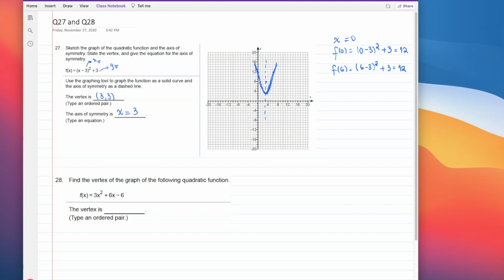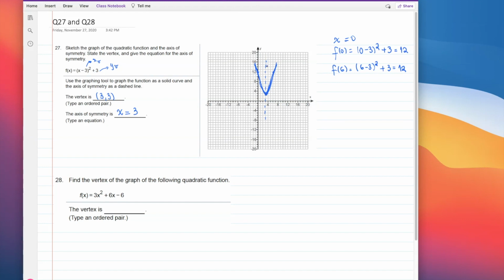That's a vertical line. This is from module 1, that you have to know how to write an equation for a vertical line. An equation for a vertical line starts with x equals a number, the number where it crosses the x-axis, and then it's on 3. That is the x of the vertex of the parabola.